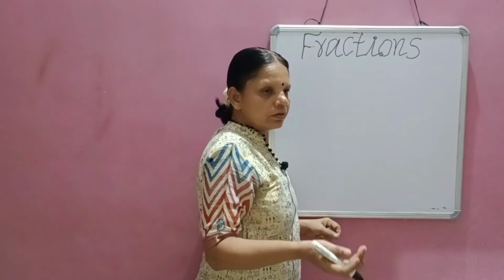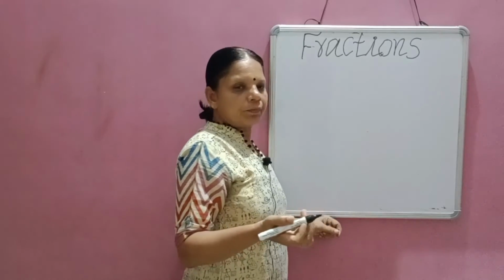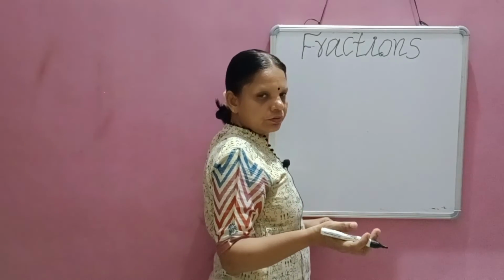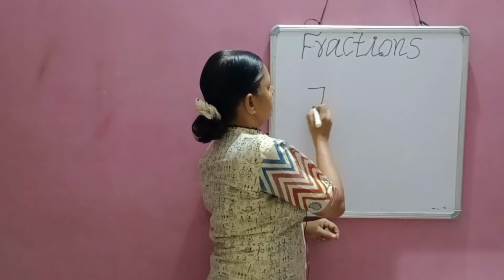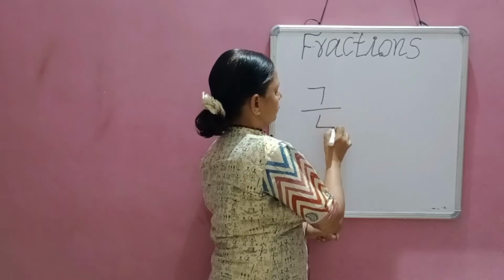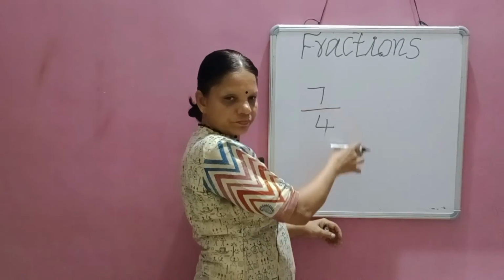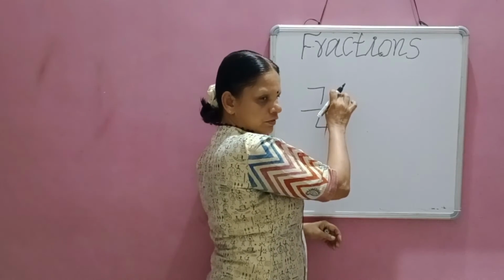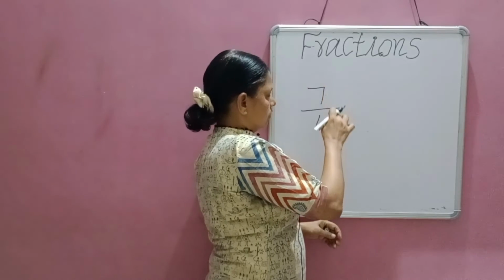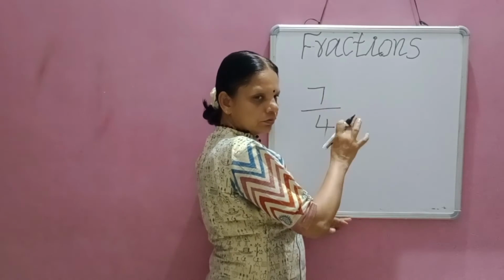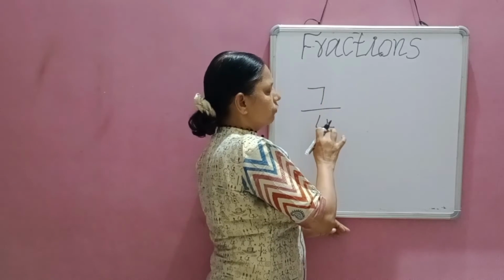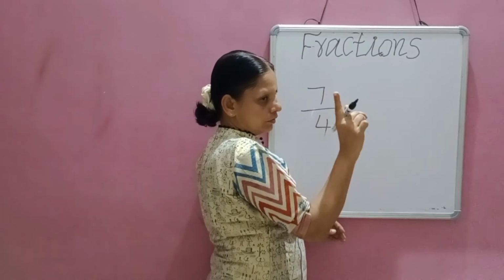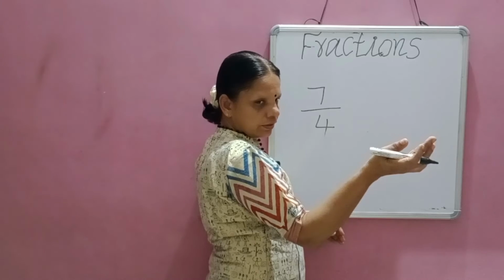One more example I will give you for the improper fraction and how to convert into mixed fraction. 7 upon 4. It is an improper fraction. Numerator is greater than denominator. We know that it is not possible to take 7 parts out of 4 equal parts of a 1. So 1 more is required.